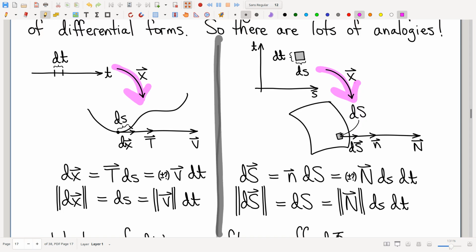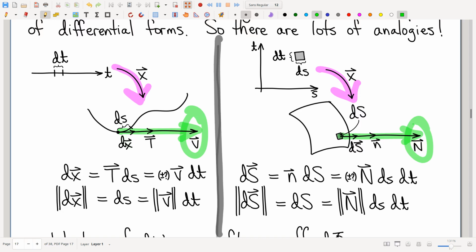Okay, so parameterizations, for each of which I can take what I'm going to call a derivative. The velocity is the derivative of the parameterization x. And I'm going to say that capital N is a derivative of sorts of our surface parameterization x. You might think, well, that doesn't sound familiar.